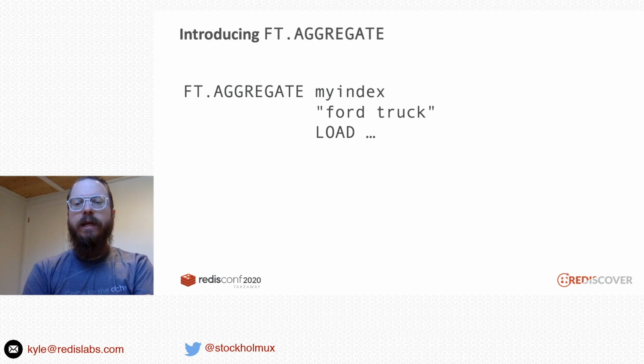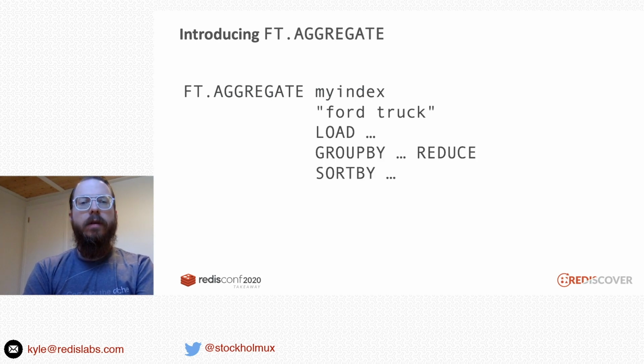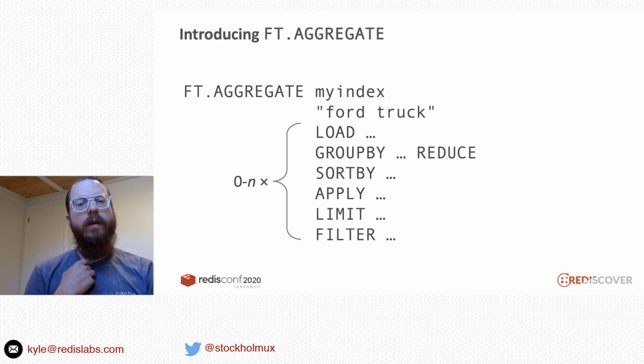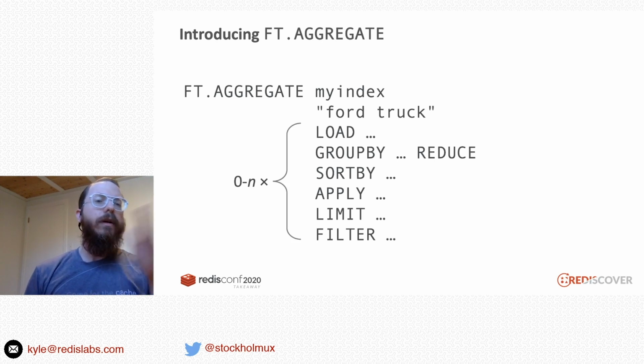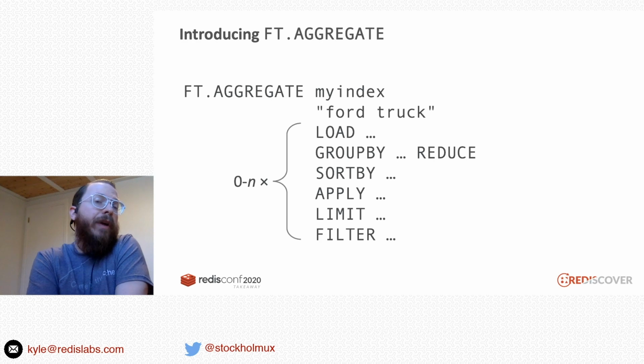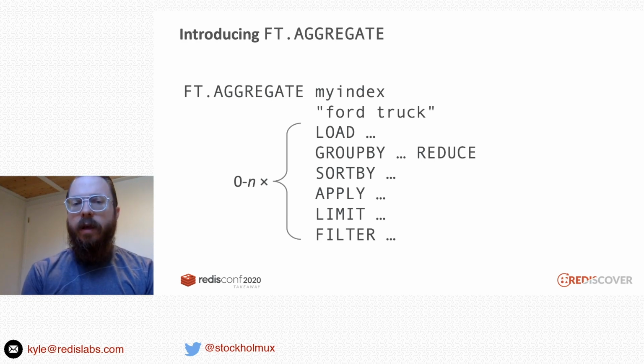We have load, which we'll get into each of these individually a little bit later. Group by and reduce, sort by, apply, limit, and filter. As I mentioned previously, these can be done 0 to as many times as you want. You may have some aggregations that don't do any limiting and other ones that do limiting 5 or 6 times. So keep that in mind.